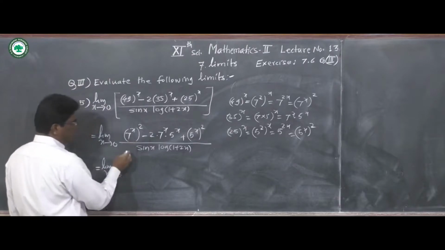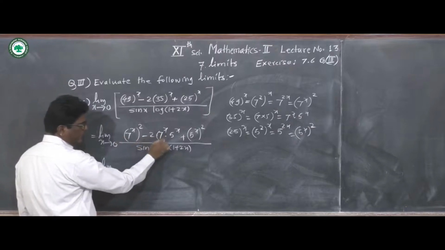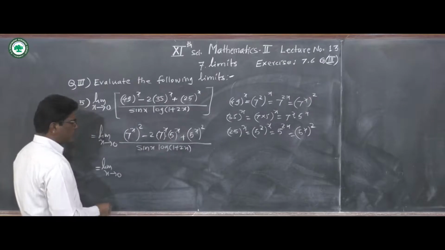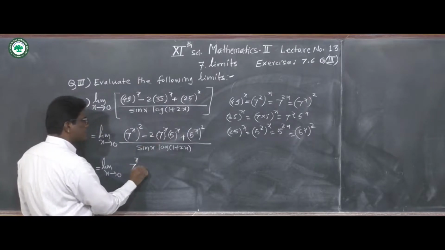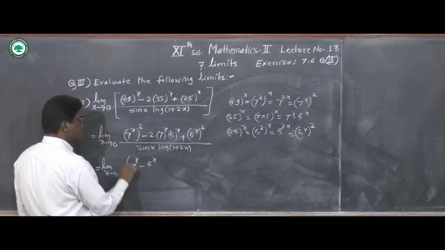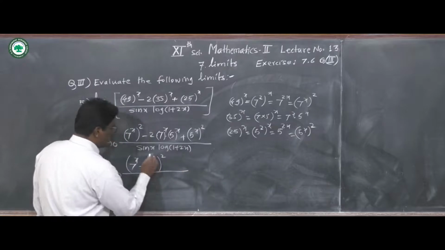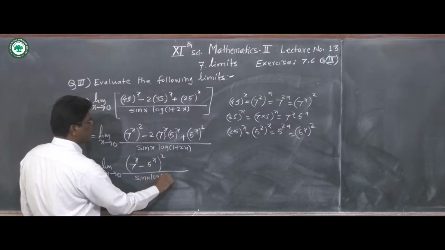Now here this is a square minus 2ab plus b square, so (a minus b) squared, that means (7 to the power x minus 5 to the power x) squared divided by sin x into log of 1 plus 2x.